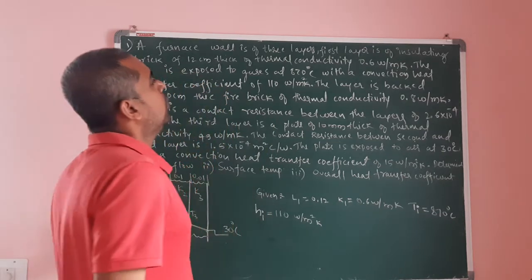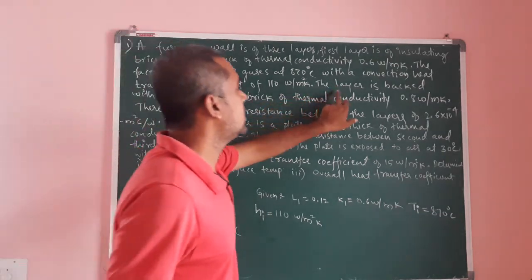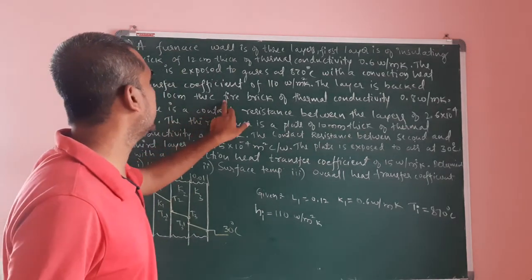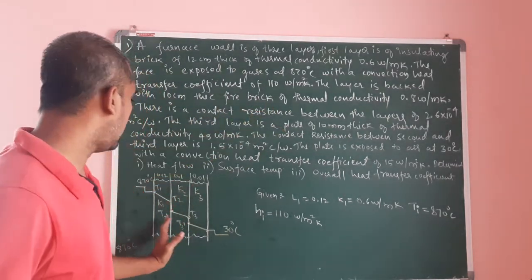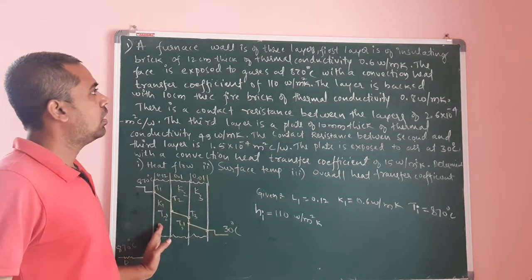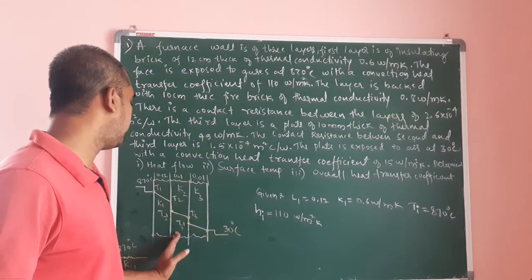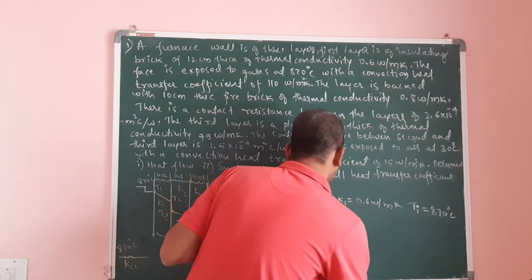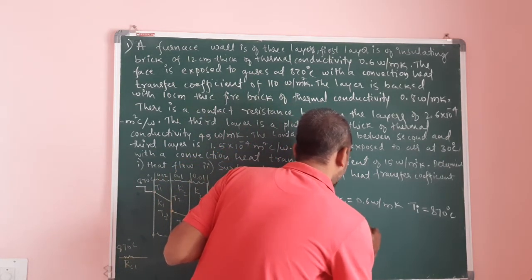Okay. The layer is backed with 10 cm thick fire brick. Means after that insulating layer, there is a fire brick layer of 10 cm thick. I will call it as L2. L2 is equal to 0.1 meter.